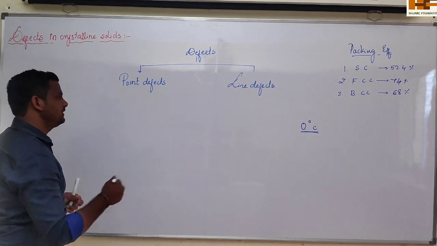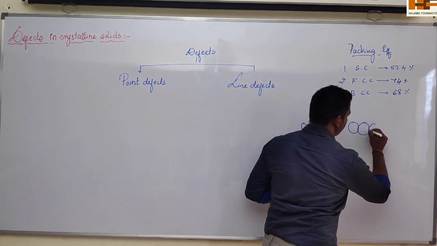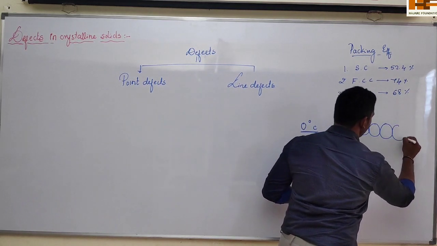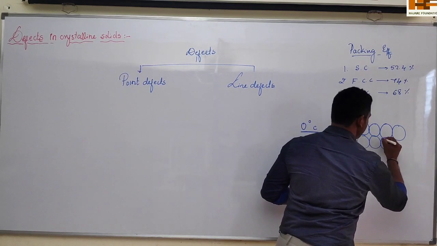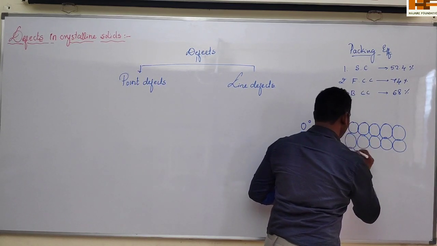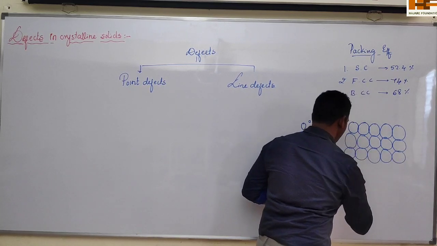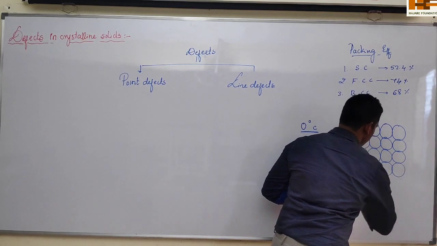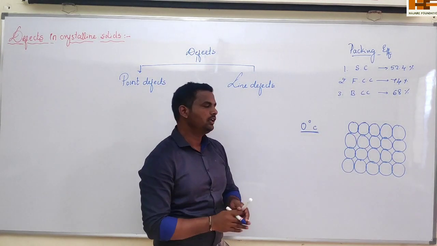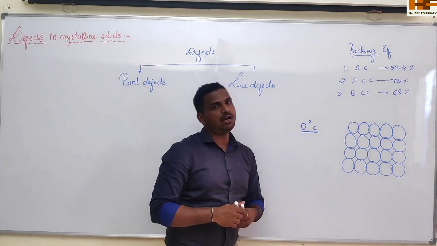For example, if you consider the solid here, there is a regular arrangement, even in three-dimensional space. If there is a missing of some ion from this point, we call that a point defect.